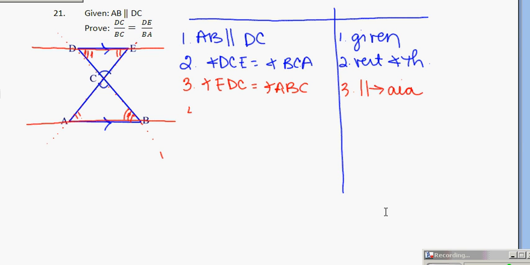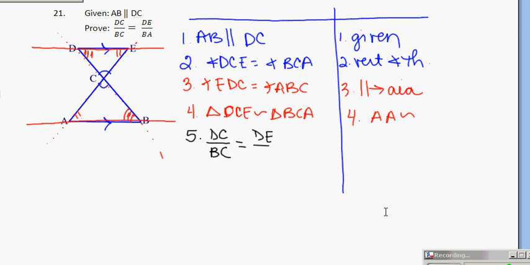I now have enough information to say that my triangles are similar. So triangle DCE is similar to triangle BCA, and that is by angle, angle similarity. Once I have that, then the proportion naturally follows.